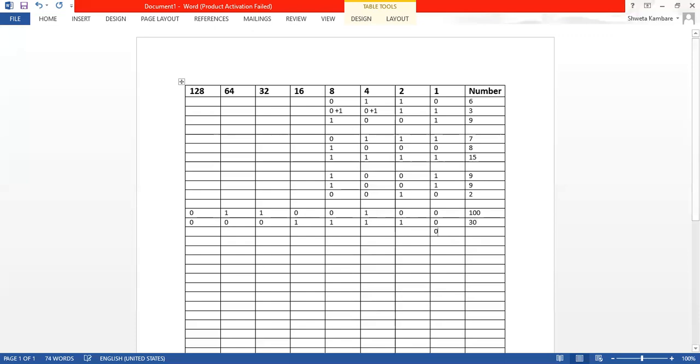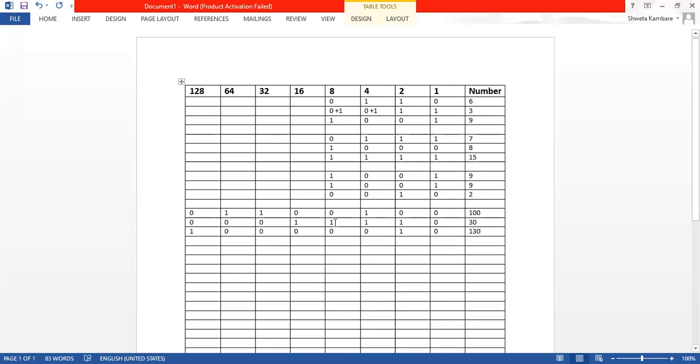So the addition is 0, 1, 1 plus 1, 0, carry 1, again 1 plus 1, 0, carry 1, 1 plus 1, 0, carry 1, 1 plus 1, 0, carry 1, 1 plus 1, 0, carry 1. So this is your result, and the result is 128 plus 2, that is 130.